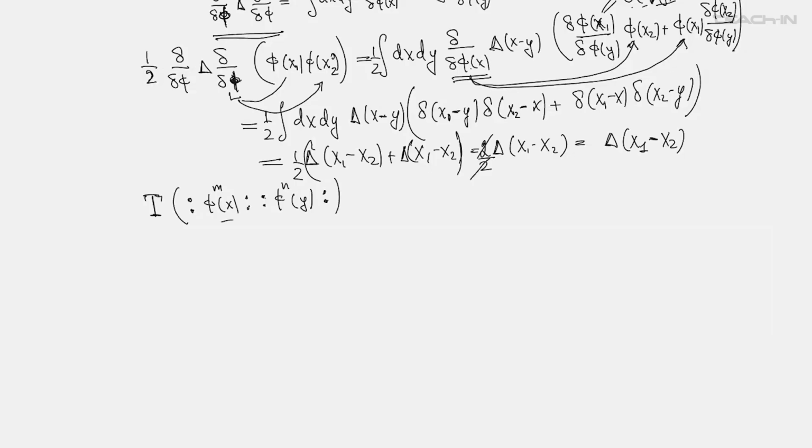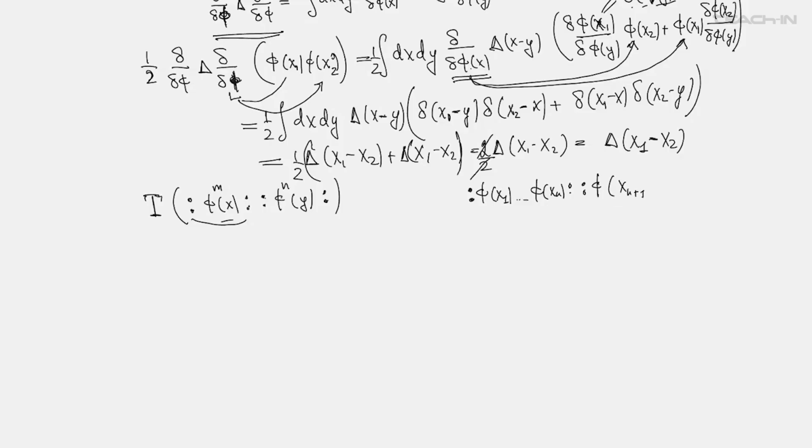In other words, if you have fields which are already partially normal ordered, say phi on x n plus 1, up to phi on x m.